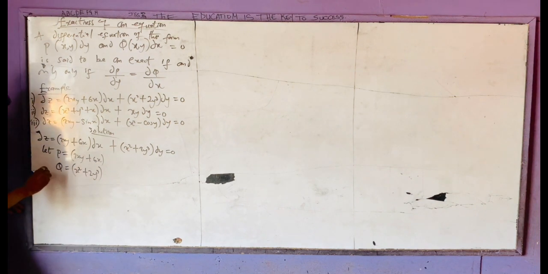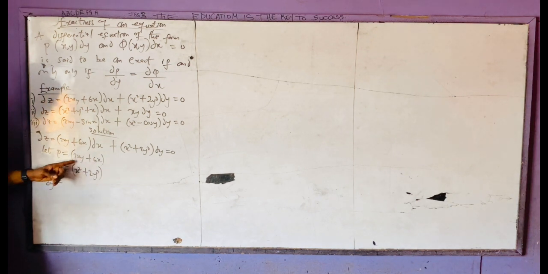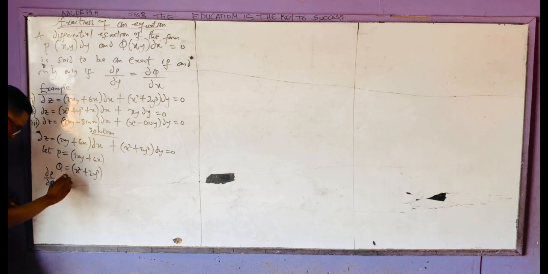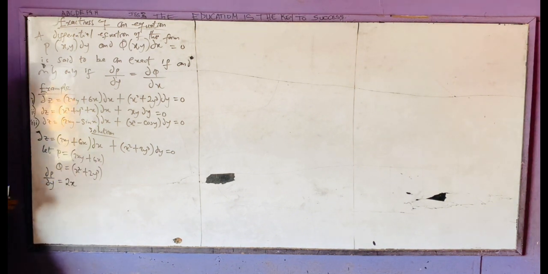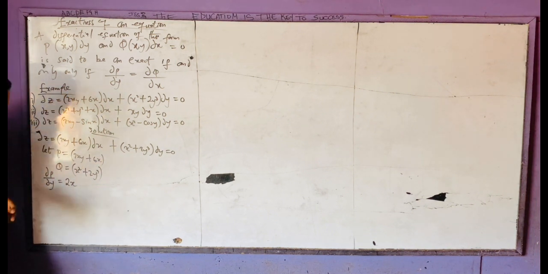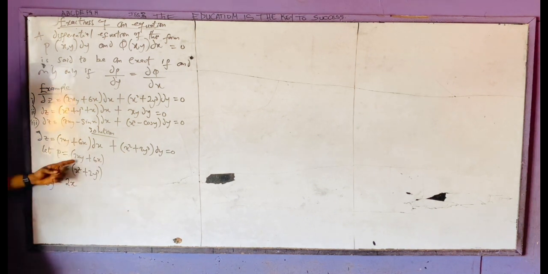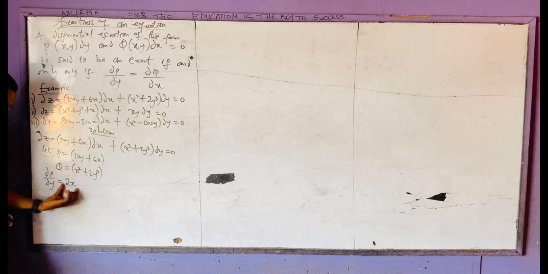So dp over dy: this becomes 0 because it does not have any variable of y, and at the same time this becomes 2x, because y to the power of 1 minus 1 becomes y to the power of 0, which is 1. So we have 1 times 2x gives us 2x. If I differentiate 2xy with respect to y, I'm going to have 2x.